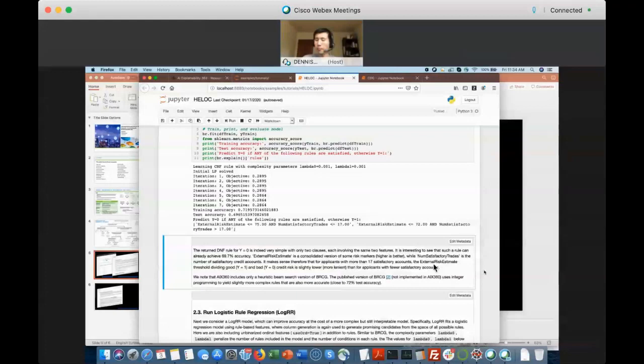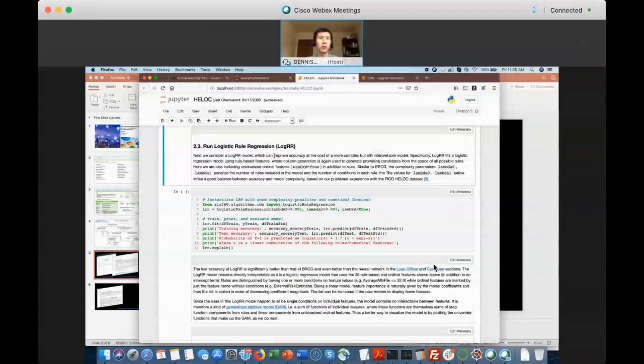Okay, so the next algorithm that we're going to look at is called GLRM, and specifically it's a logistic regression variant of GLRM. Logistic regression because our output is binary in this case.